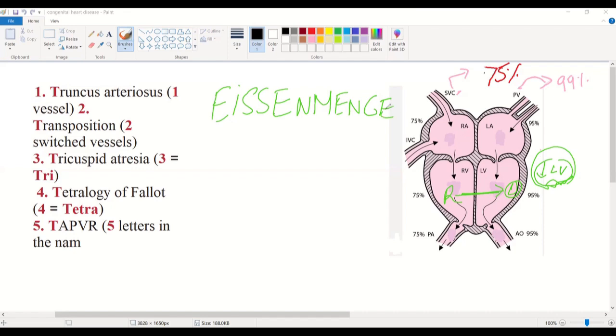Early and late cyanosis. It happens with time, because at first it will be left to right, then it changes with time. Eisenmenger syndrome happens with time.